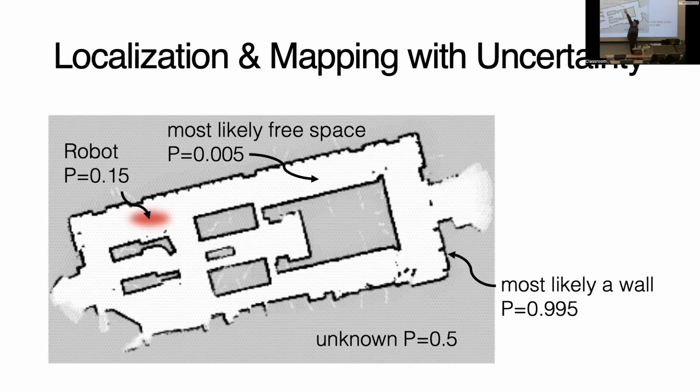This is most likely free space, so the probability that it's an obstacle is very small, like 0.005, and this is most likely a wall, so the probability that it's an obstacle is large, something like 99.5%, 0.995. And then for anything we have not observed, we don't know anything about it, and so the probability that it's occupied is a coin flip. It's 50%. It could be occupied, it could be unoccupied. We don't know.